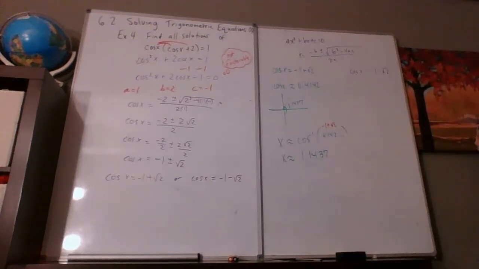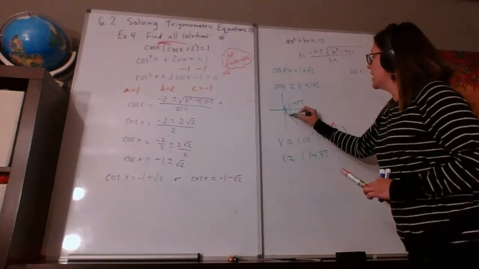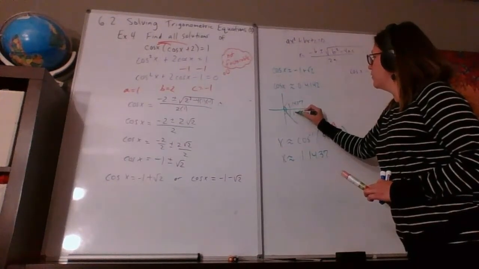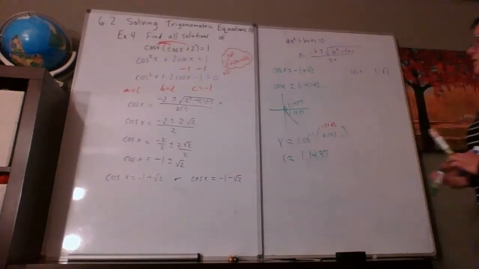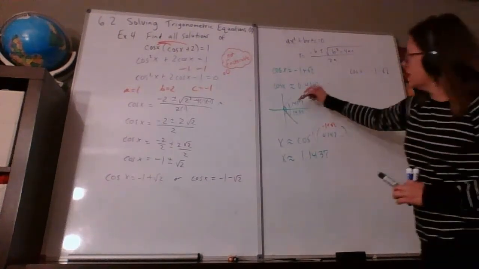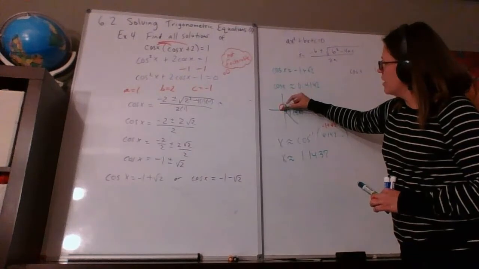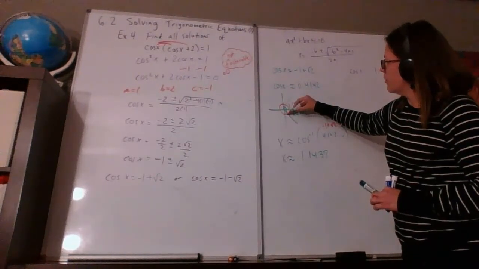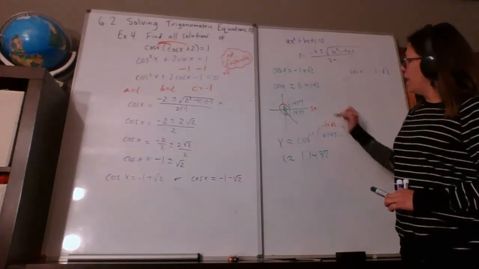However, we need another solution in quadrant 4. We know the reference angle will be identical of 1.1437. So now try and figure out how are we going to find that angle in quadrant 4. Notice in standard position we're going from 0 all the way around, but we're not quite getting to 2 pi.